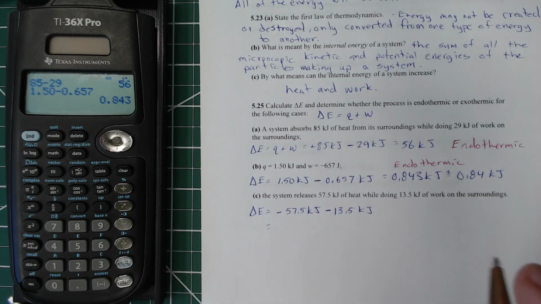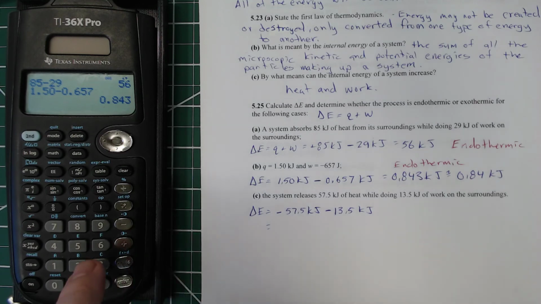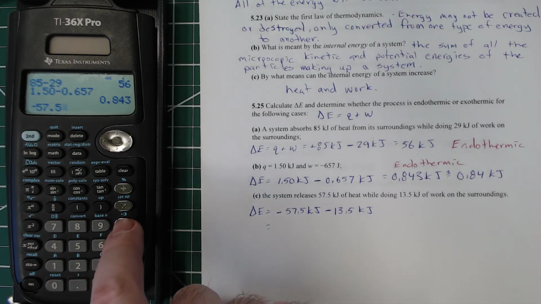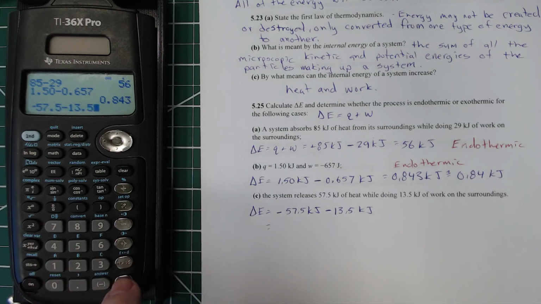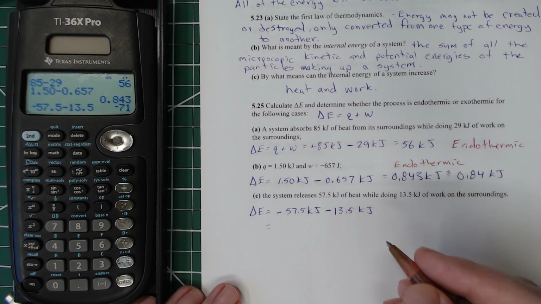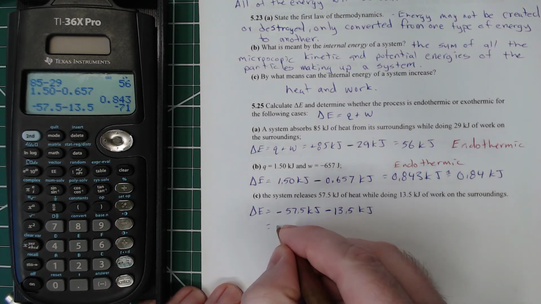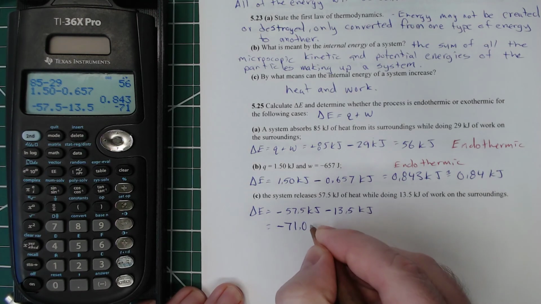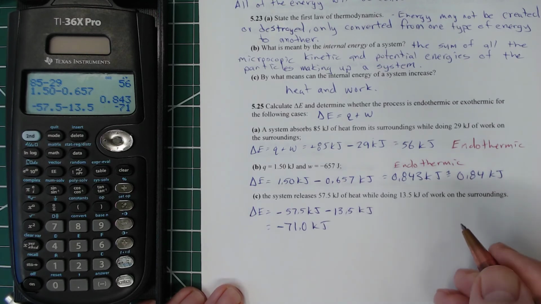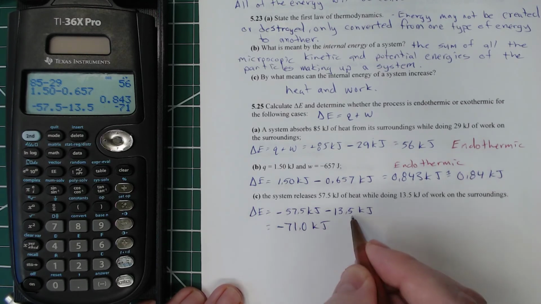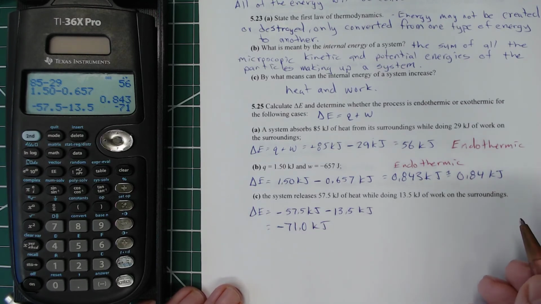That's going to give us a total value of delta E. I think it comes out to negative 71, but let's go ahead and put it in. So negative 57.5 minus 13.5, and that gives us negative 71.0. So negative 71.0 kilojoules. And remember your sig figs, hundredths or tenths place, so we have to round that to the tenths place.